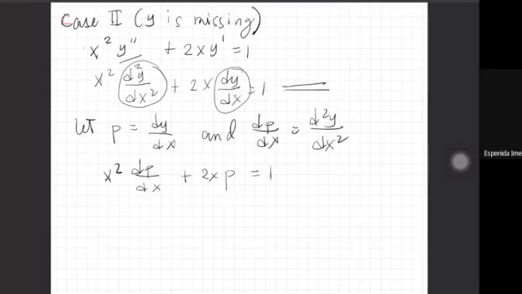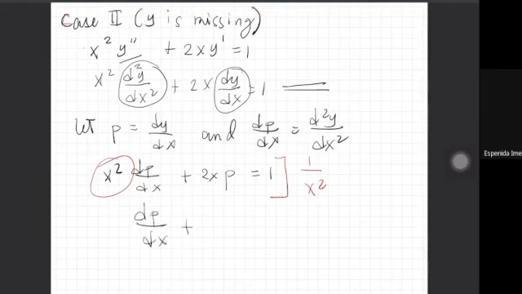Now this is obviously in linear first-order form, wherein we can eliminate this x squared by multiplying both sides by 1 over x squared, so that the next line only contains dp/dx, plus p as the dependent variable times 2x divided by x squared, equals 1 over x squared.